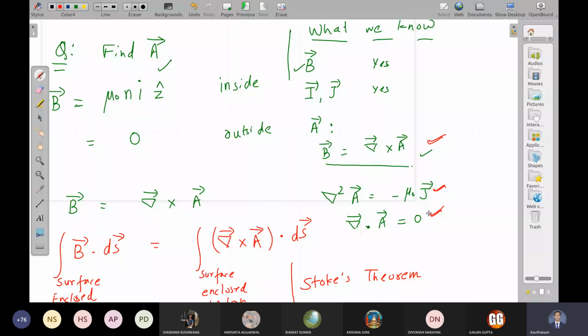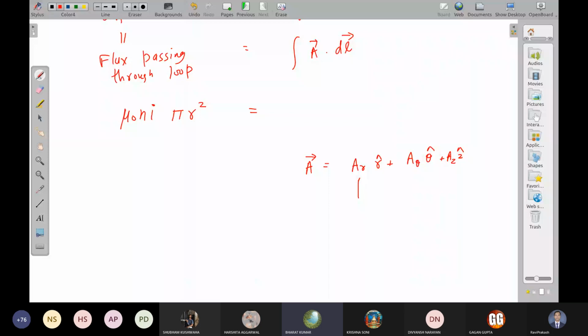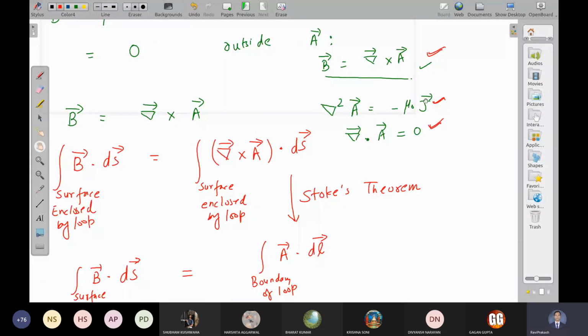So with this information, my question is, can you have any guess about radial component, azimuthal component, or z component? So A will be perpendicular to B. Right? And not only perpendicular, if you see second equation, A is parallel or anti-parallel to current.